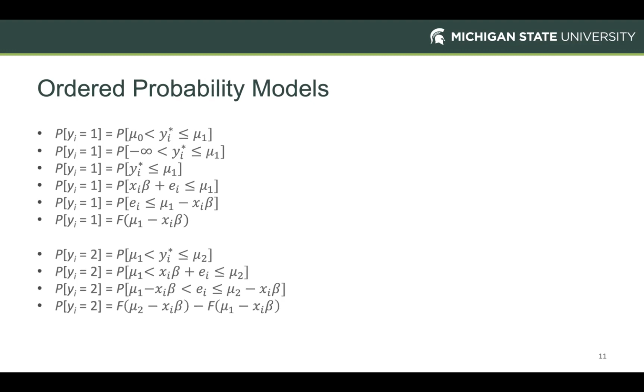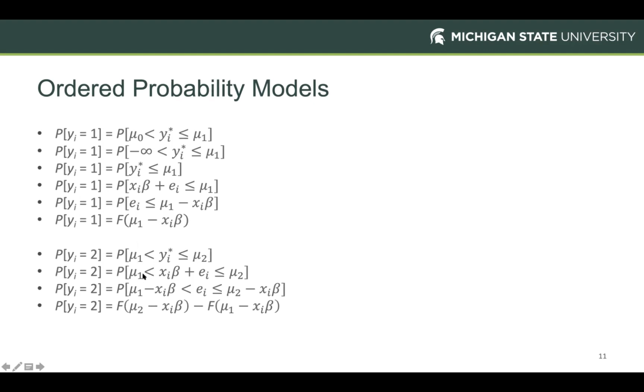But continuing on, if we think about the probability of an individual selecting option 2, which in this case, option 1, if you'll recall, was strongly opposing roundabouts, option 2 was slightly opposing roundabouts. And so just extending the same example we saw previously, the only real difference here is now we want to determine 2 threshold values.